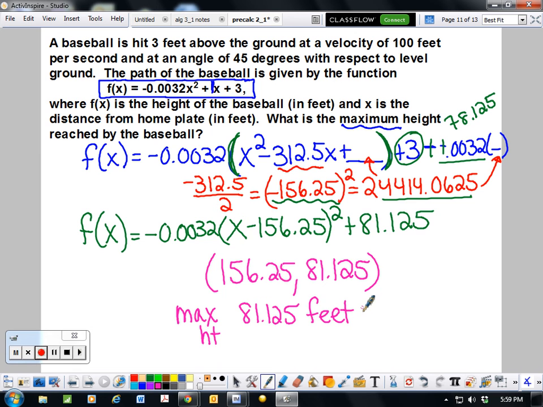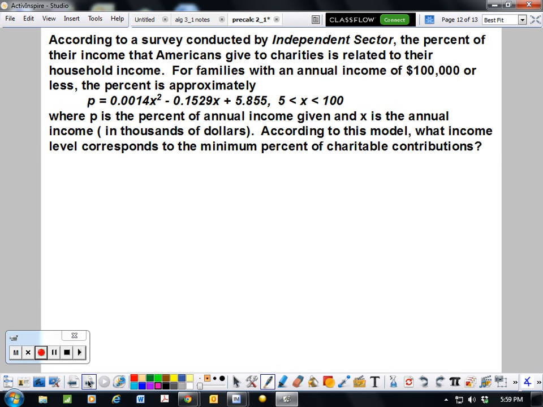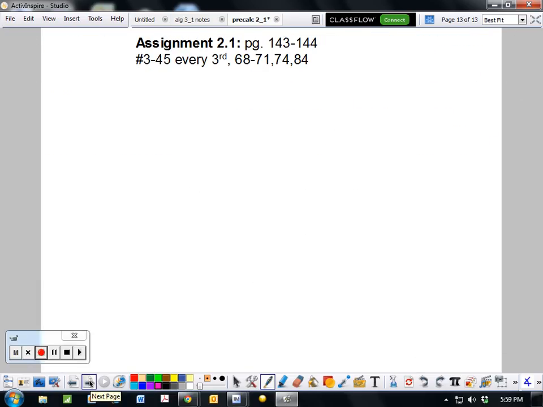And so we do have another problem, but I don't think we have a lot of time for that. So we're just going to go ahead and skip ahead to our assignment for tonight. 2.1, and I'm sorry I don't have the problems up here, but you have some time, so hopefully you have some time. Grab a book, work on it. Answers will be posted on Edmodo, so you can use that to compare and work on it.